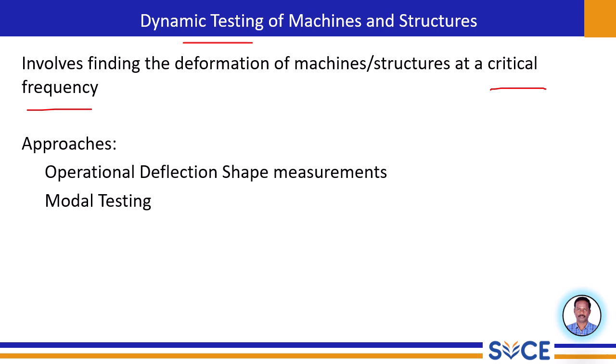Operational deflection shape measurements would involve observing and quantifying how different parts of that machine are moving and deforming. This technique is particularly useful for troubleshooting existing vibration problems. It also helps us visualize how the entire structure or component is deflecting at specific operating frequencies.